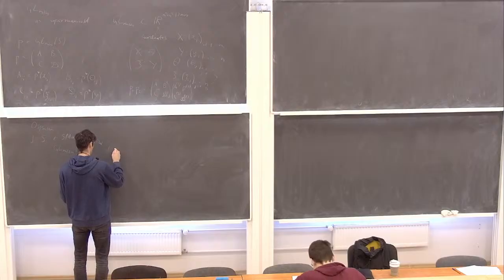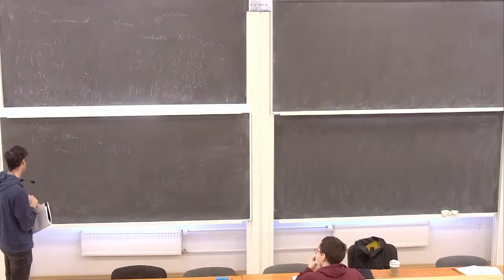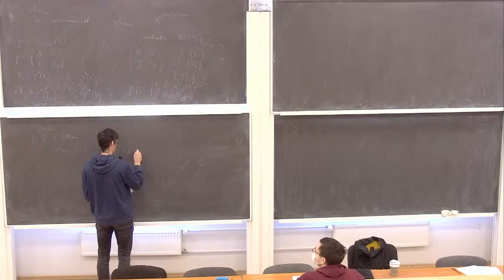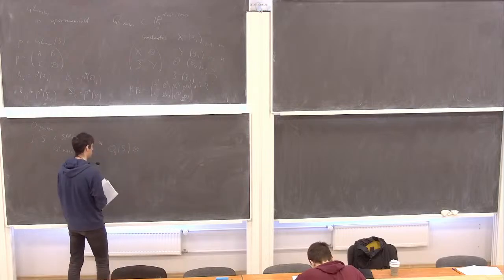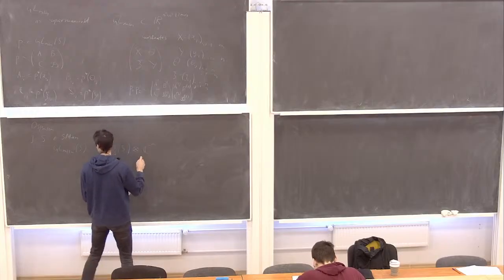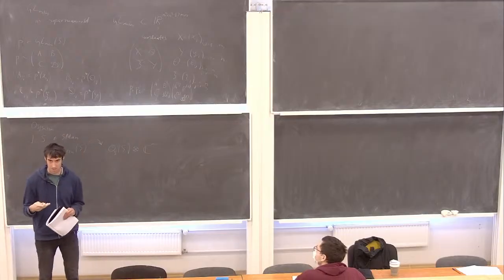So O_S of S, global sections of S, tensor C^(m|n). Well, let me take now C, right? Because I don't want to think about a signature.